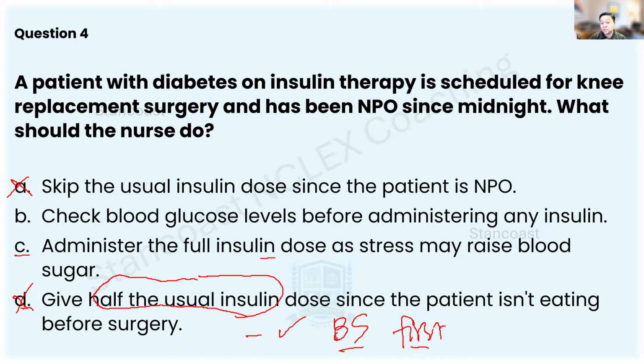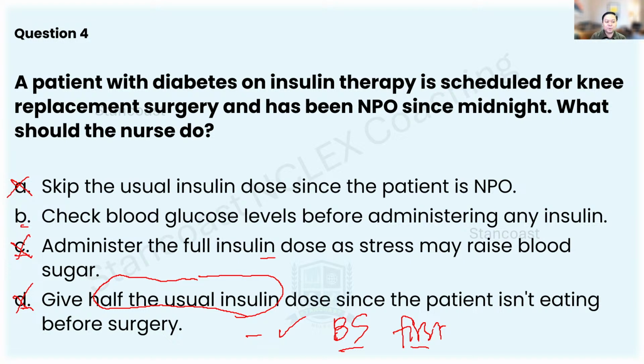We know that stress can cause hyperglycemia, but it would be safer to assess the sugar first before you administer that prescribed full dose. So we don't have any other option but letter B, check blood glucose levels before administering any insulin. Never administer insulin without checking the most recent value.